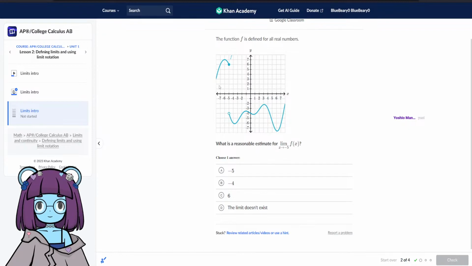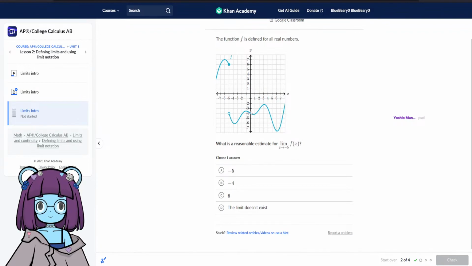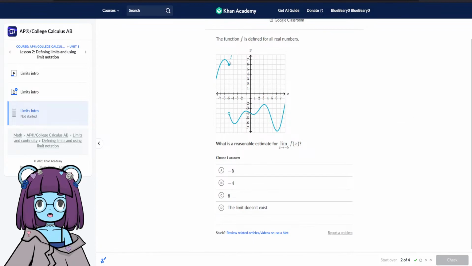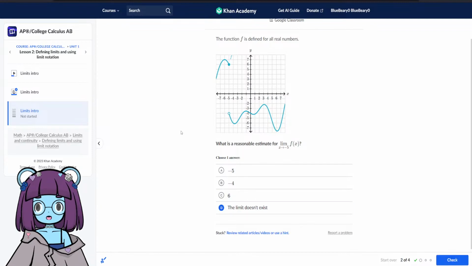Oh, so approaching from the left, it will equal 6, and approaching from the right, it will equal -4. But because they are different, it does not exist.